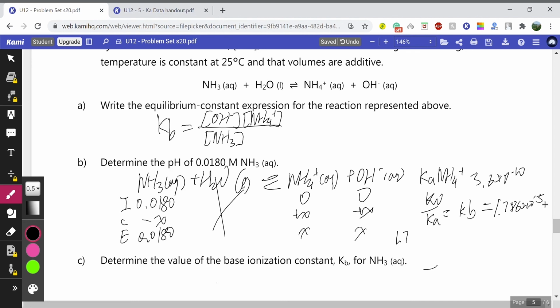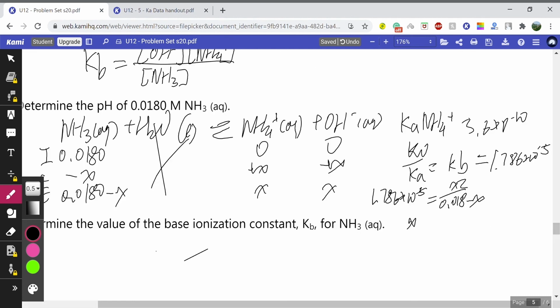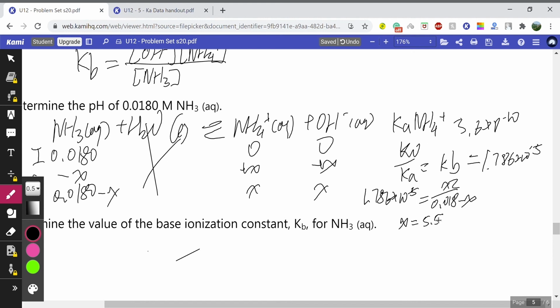Now if you set that to x squared divided by 0.018 minus x, sorry, I forgot about over here, y equals 0.018 minus x minus 1.786 e to the negative 5th. It would give us an x value of 5.58 times 10 to the negative 4th.